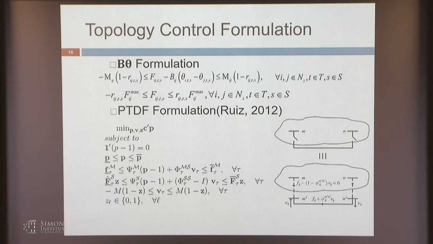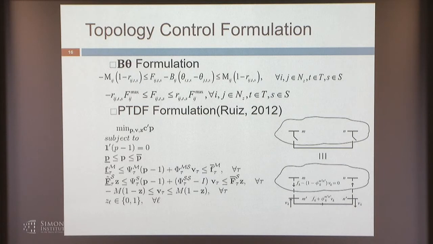If the line is out, then the flow becomes 0, but you also have to relax this constraint because you have to allow the angles on the two ends to move independently, and you use the big M formulation to do that. So this is what we do to replace this constraint in the power flow.